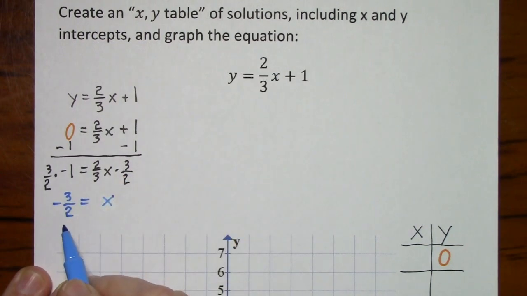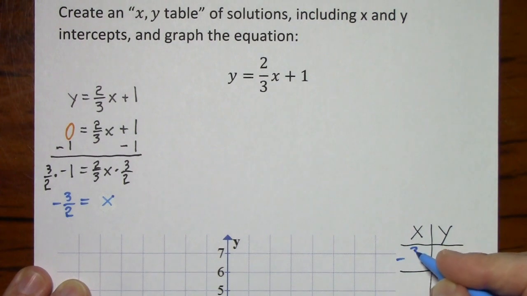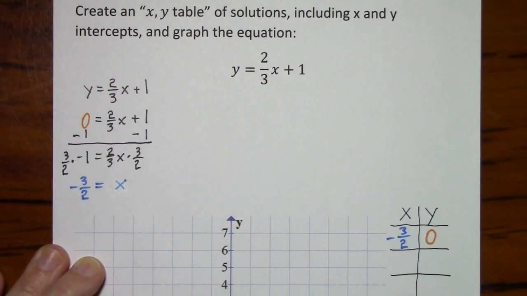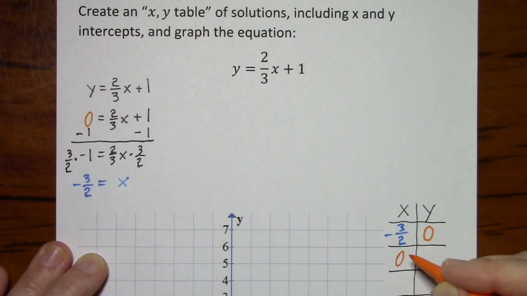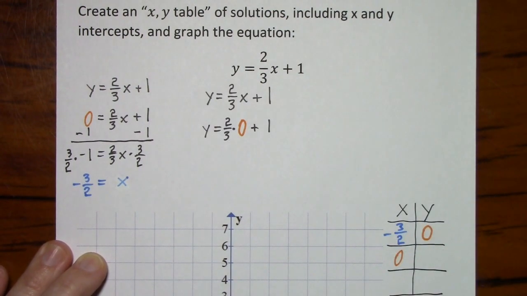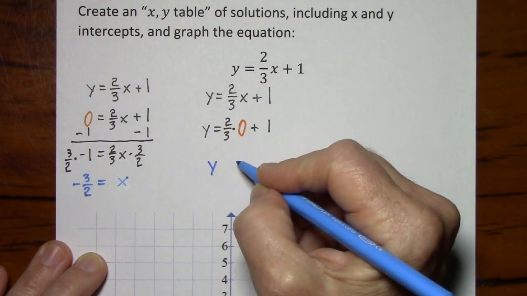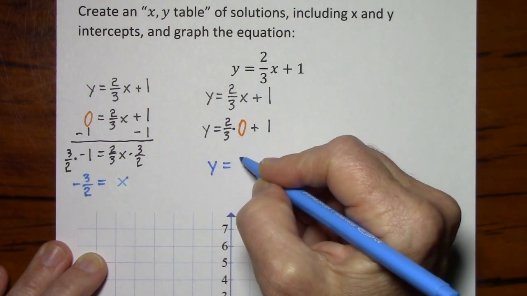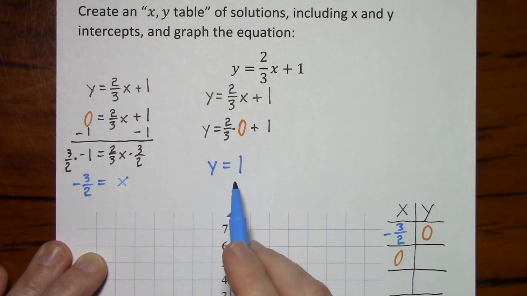So we put -3/2 in our chart. Now we'll find the y-intercept when x is 0. So we'll put a 1 for y on the chart.